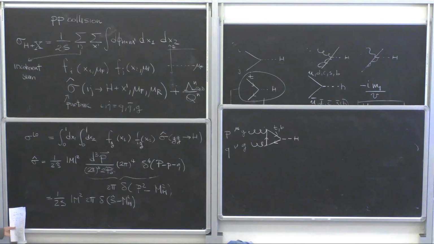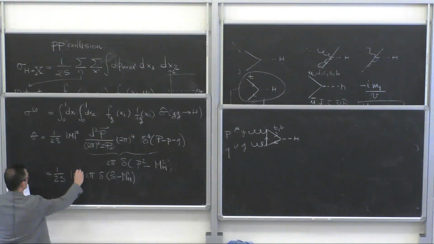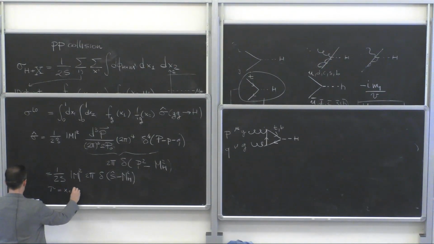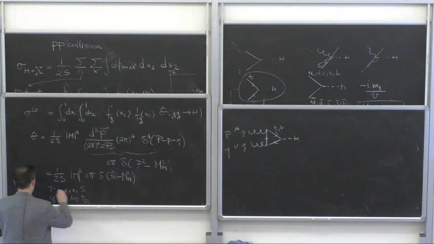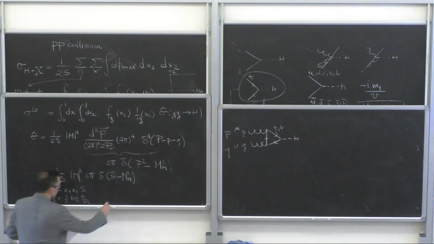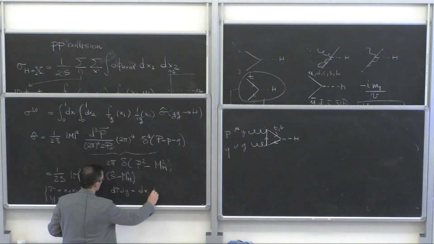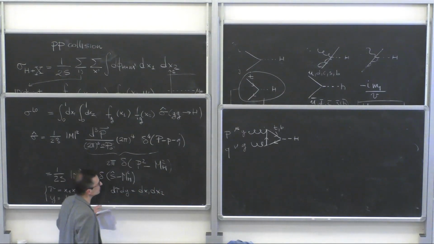Okay, then I define, as I did before, tau and y. So I change variable. So d tau dy is the same as dx1 dx2. There is no Jacobian.